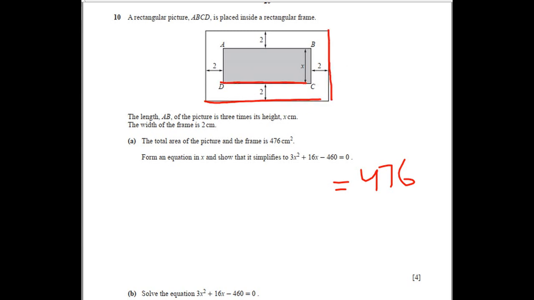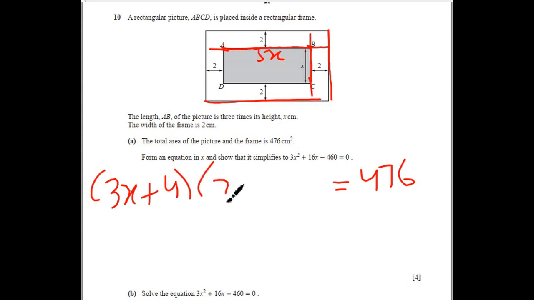Now this length AB is 3 times the length x, so this length is 3x. So this will be 3x plus 2, which means 3x plus 4, and this length is x plus 2, so x plus 4. Open the brackets, rearrange, you will get the required equation right here.